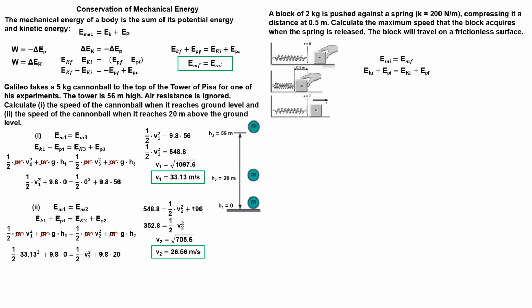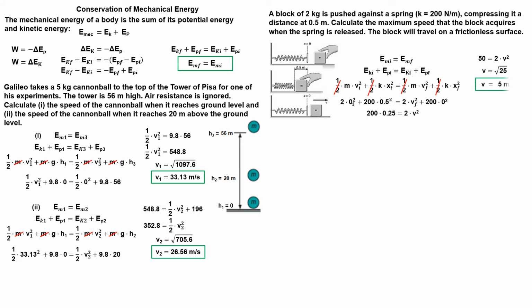The block starts at rest at the initial position, where the spring is compressed by a distance of 0.5 meters, and leaves the spring at the final position, where the spring is at its equilibrium position. At this point, x equals 0. When the block leaves the spring moving to the right, its speed is 5 meters per second.